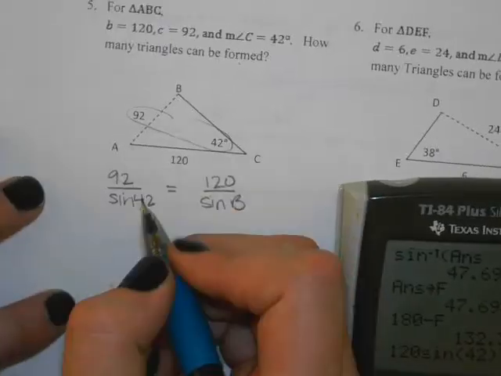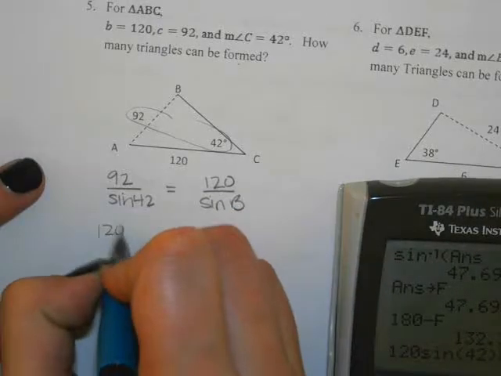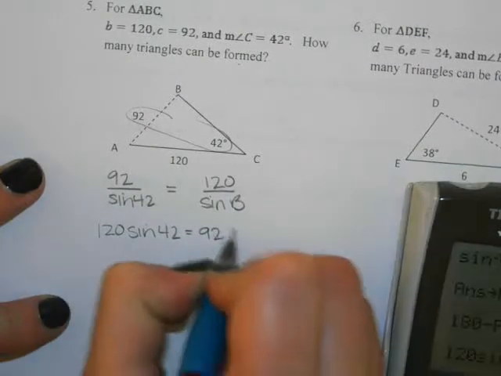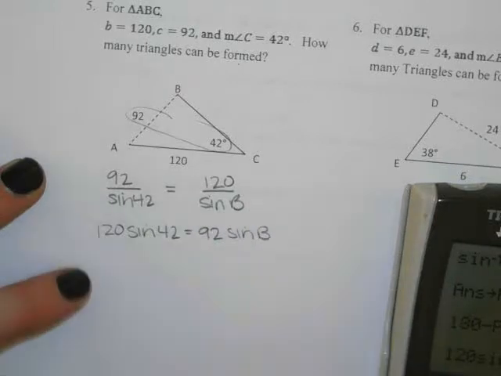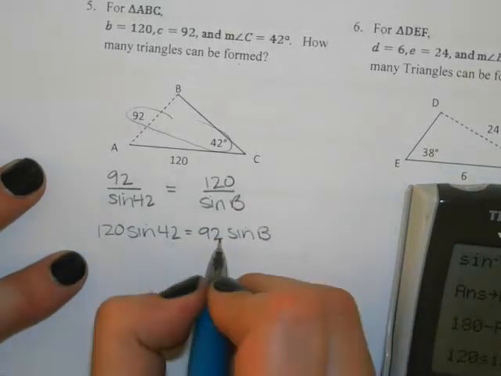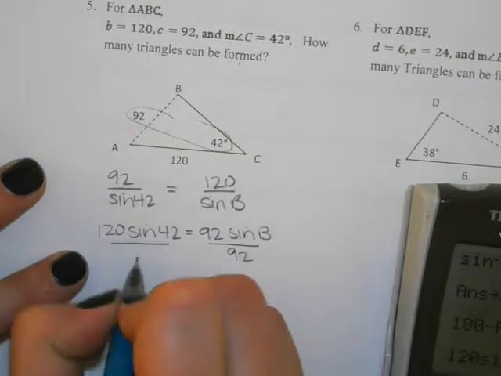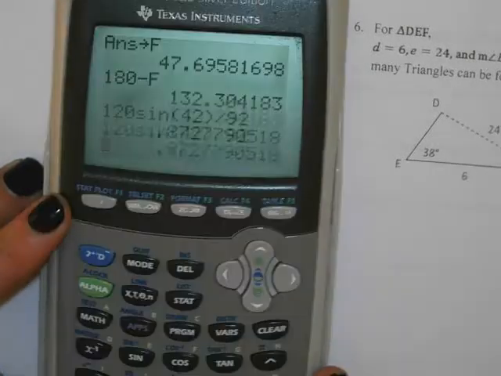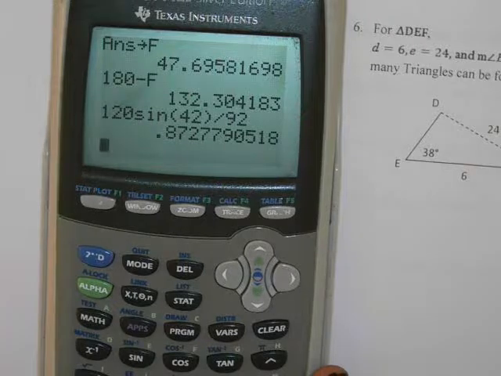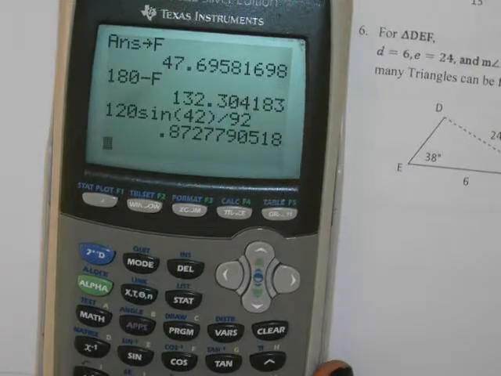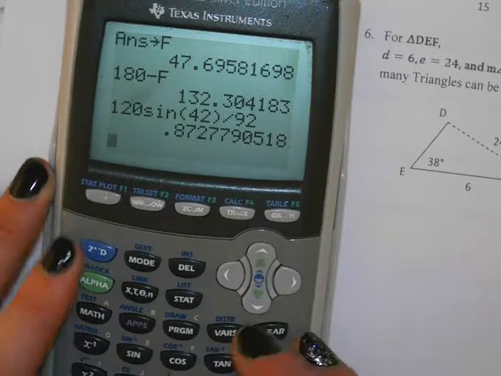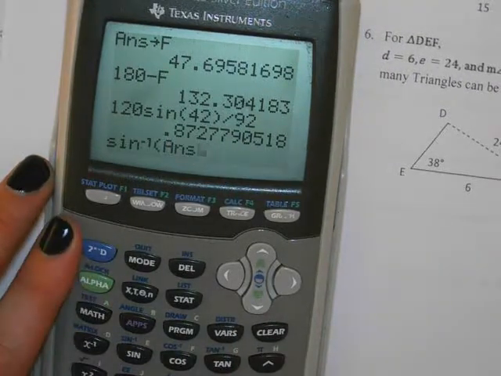Hold on, let me actually write what I'm doing. So I have 120 sine 42, and I'm going to divide it by 92. So sine B equals that decimal. And then what am I going to do with that decimal? Sine inverse. All right.